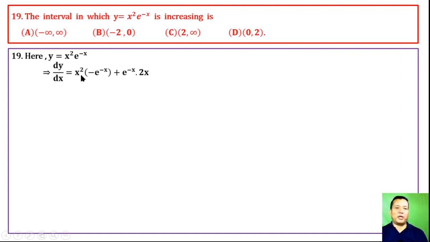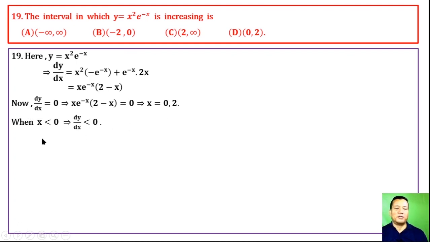Applying the product rule, we get first function x square remains unchanged, times the derivative of the second function, which is this, plus the second function remains unchanged times the derivative of the first function, for x square it is 2x, and factorizing we get this. Now we have to put dy by dx equal to 0, that is this equal to 0, solving x equal to 0 or 2, and these two numbers divide the number line.